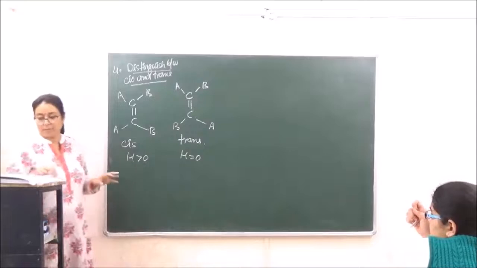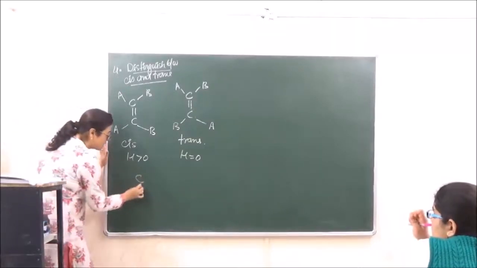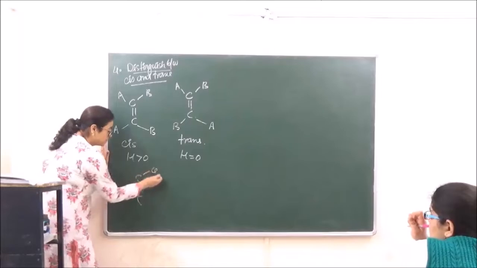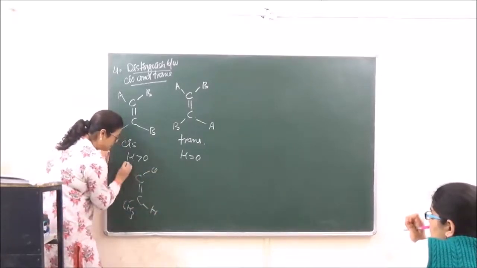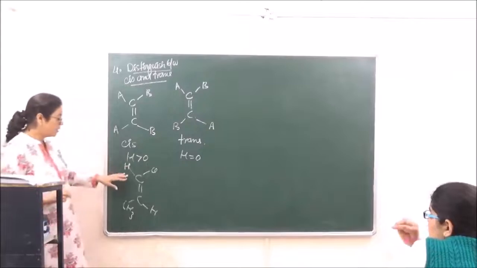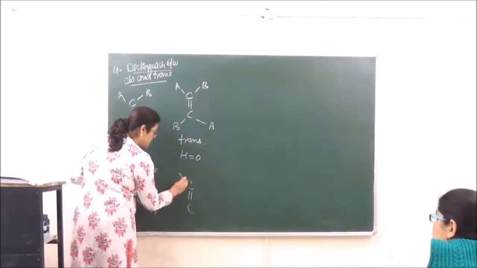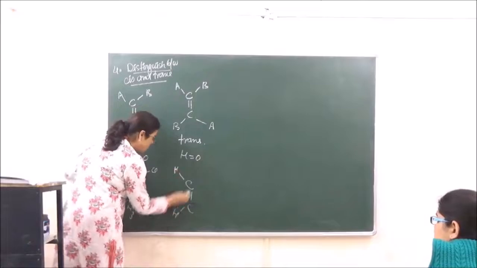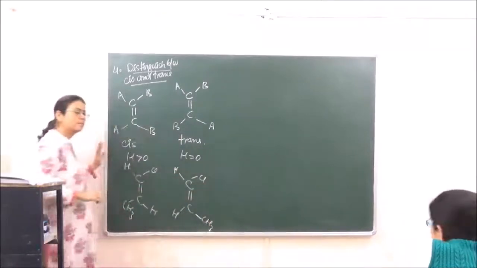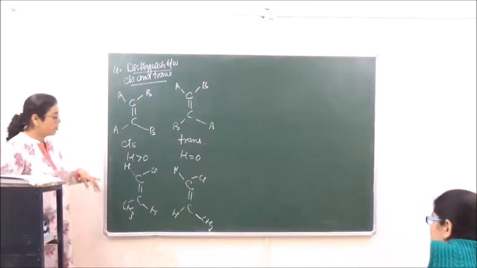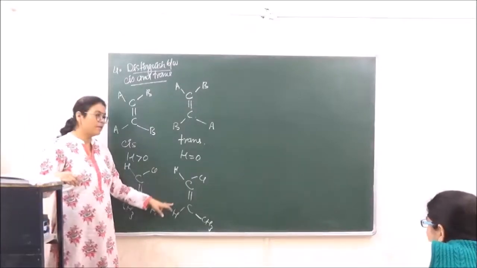Okay? Just for example, if we are talking of a molecule, say we are taking this molecule. Now what is going to happen when we rotate it? Hydrogen is going to take this place. Okay. So if hydrogen is taking this place over here, the similar groups are on the same side.